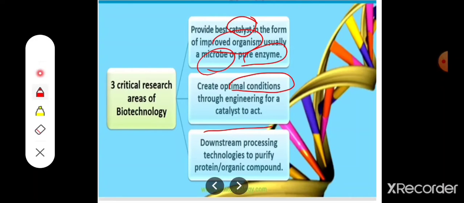It is through engineering, right? Engineering is nothing but the necessary machines are given and culture media is provided to produce the product. Once we have produced the product, it moves on to downstream processing, which includes the separation and purification of the protein or organic compound.